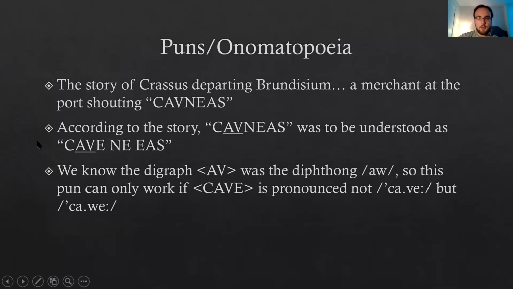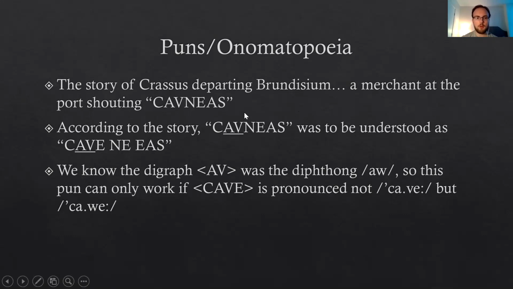So there's a very famous pun in Latin from the story of Crassus, the member of the first triumvirate, departing Brundisium for Parthia to campaign against the Parthians. And as he's leaving the port at Brundisium, there's this merchant right here. He's selling figs, and the Latin word for this type of fig is cauneas. And so he's shouting cauneas, cauneas, the plural version, that he's selling figs.